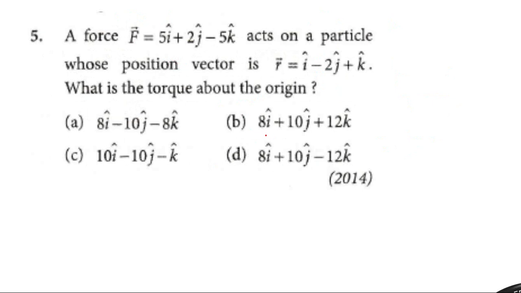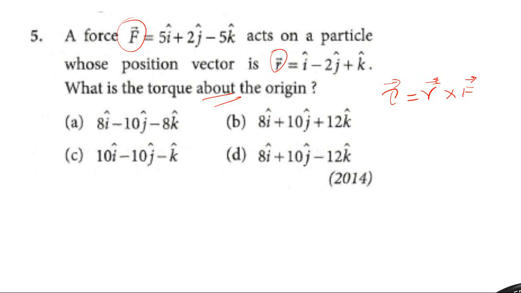Now again, force is given, position vector is given. What is the torque about the origin? As we learnt previously, tau equals R cross F. We should find the cross product of the two given vectors.